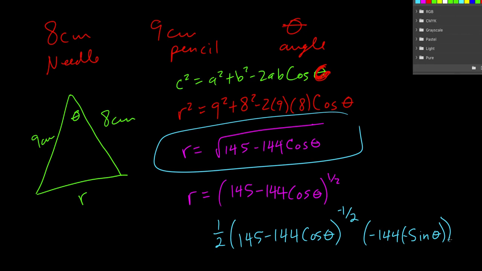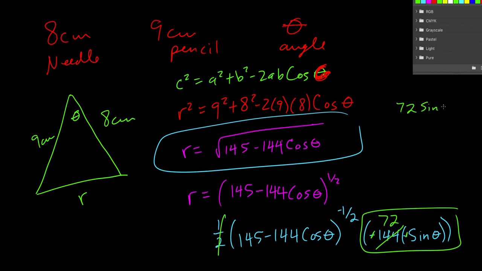When we simplify that, the negatives will cancel, and 144 cut in half is 72. We write this as a fraction: 72 sine theta on top. This is a negative exponent, so it's going to be a square root on the bottom, the square root of 145 minus 144 cosine theta.